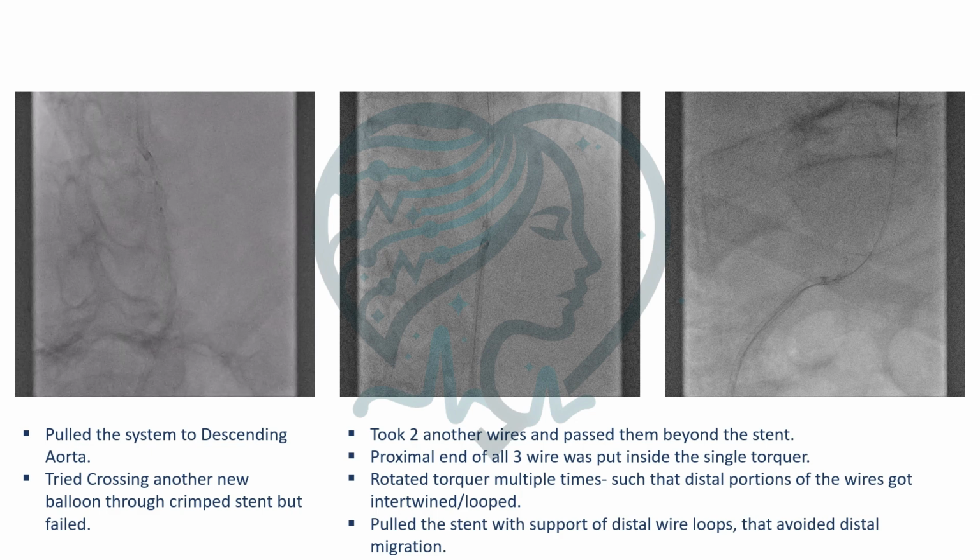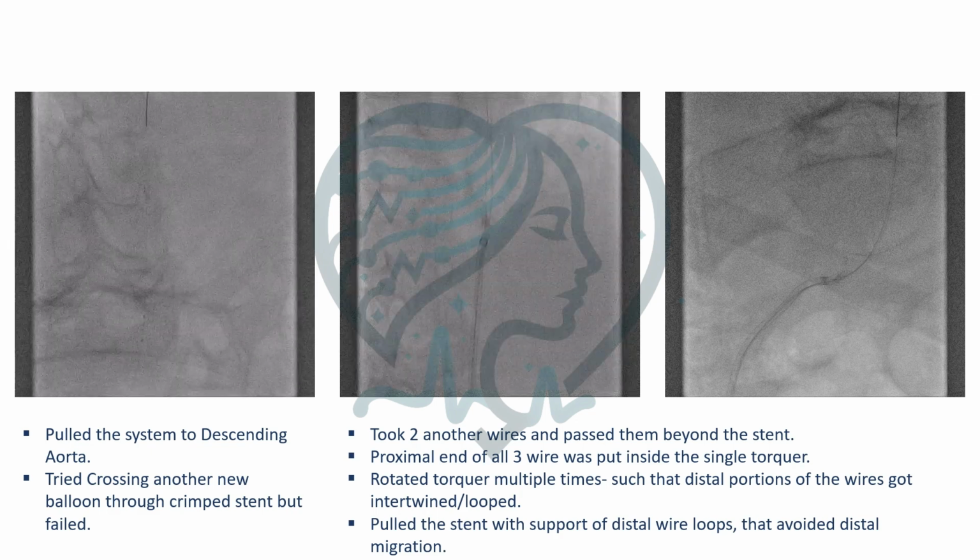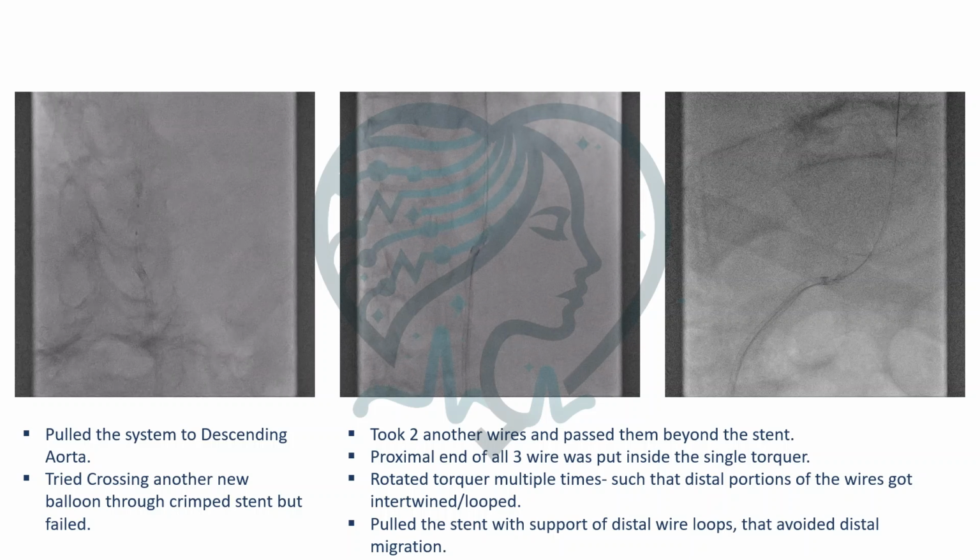So what I did was take two more wires and pass them beyond the stent. I inserted all three wires, held the proximal ends in a single torque, and rotated the torque multiple times such that the distal portions of the wires got intertwined or looped. Then I pulled the stent with the support of the distal wire loops that avoided distal migration.